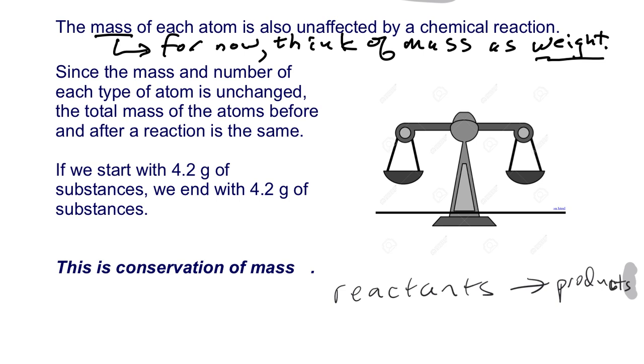And so you can't lose or gain mass, which is like weight, because you're not losing any balls, if you think of the balls as atoms of different elements. But to be transparent with you, conservation of mass and conservation of matter are basically the same thing.